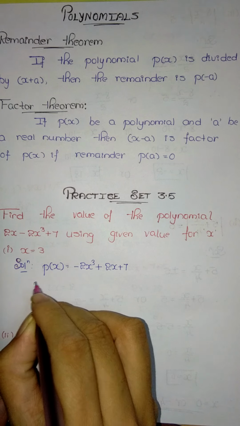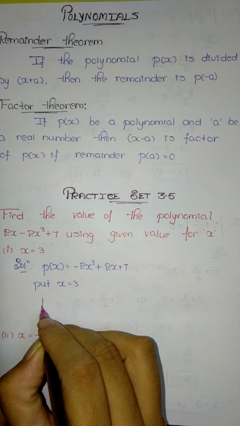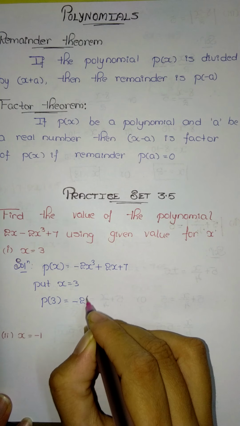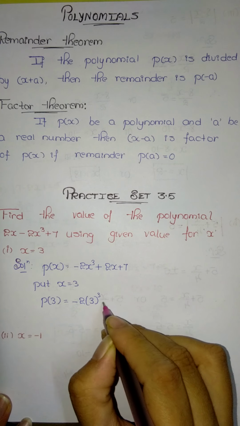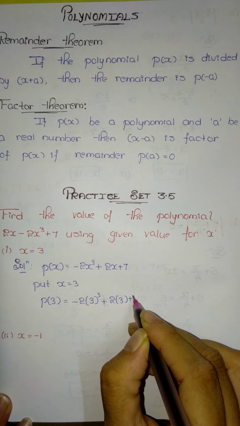So put x equal to 3, then p of 3 equal to -2 into 3 cube plus 2 into 3 plus 7.